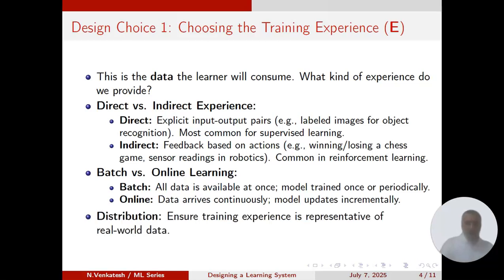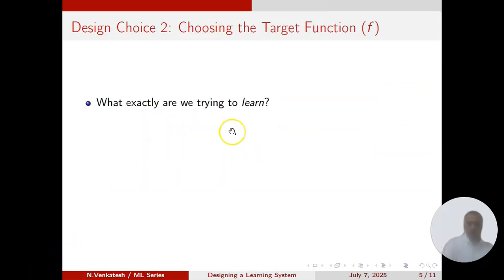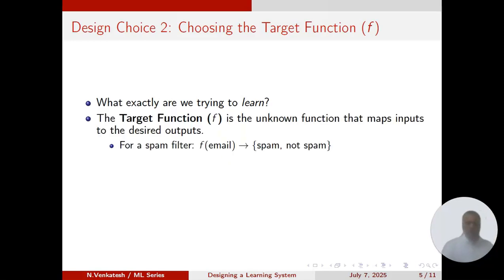And next choice is choosing this target function. This target function is an unknown function that maps the input to output. If you take an example of a spam filter, the spam filter, what is expected to do?